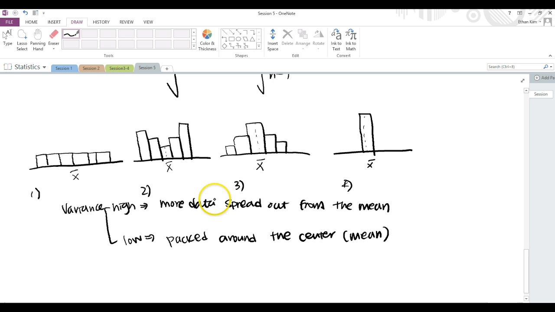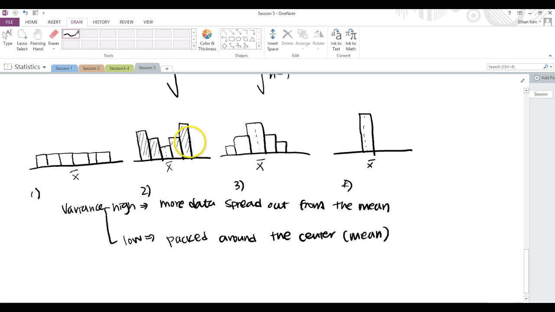Let's look at number 2 first. If you look at this data, you obviously see that more data is further away from the mean, and more and more further away.